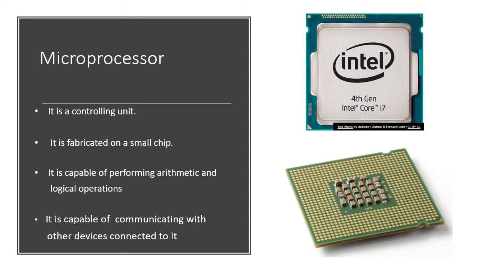Also, what is the function of a microprocessor? Yes, it performs all arithmetic and logical operations. All the processes carried out or executed by the computer are performed by the microprocessor.